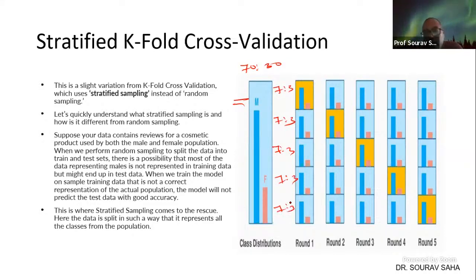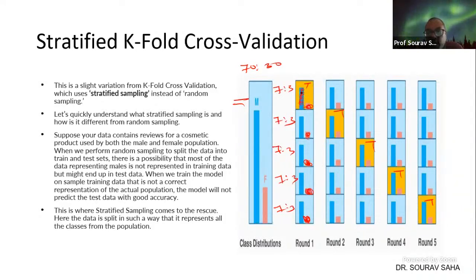If this partition was random, what might have happened is that in some of the partitions, let's say the yellow ones are the ones which you use for testing, in the training cases the females didn't come up at all, while in the testing cases all the females came up.